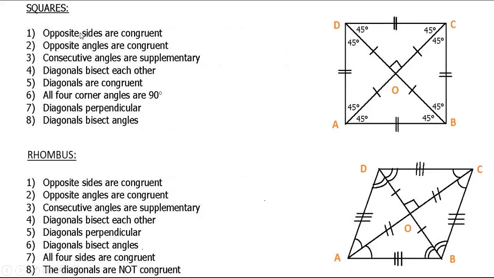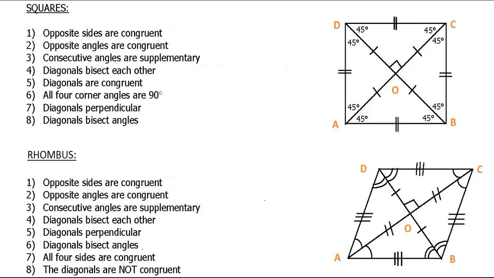So we can say that all four sides of the square are equal. All four angles are congruent. That means all four angles are equal. Therefore, angle A is equal to angle B is equal to angle C is equal to angle D. And the measurement of each angle is equal to 90 degrees.